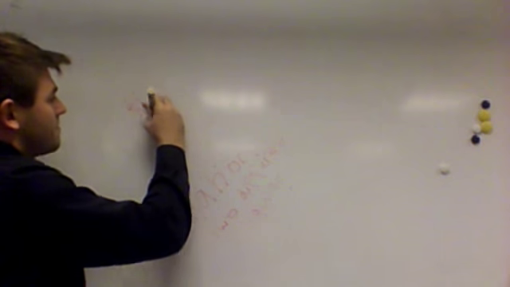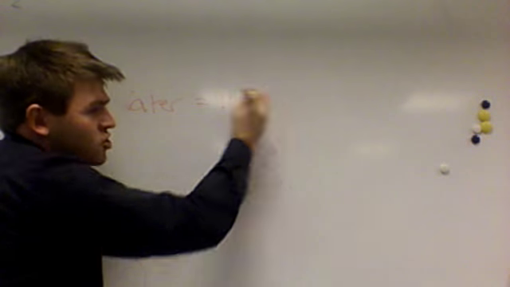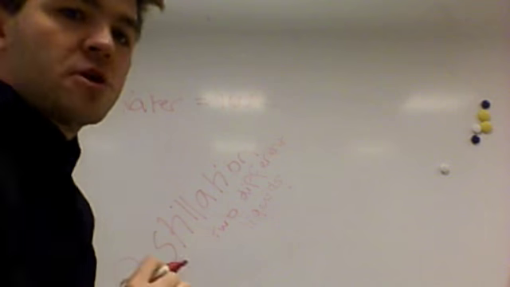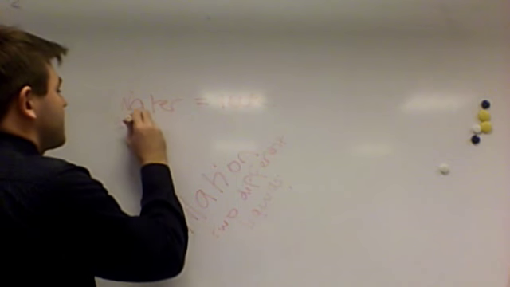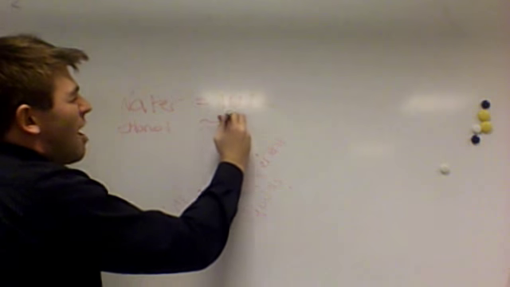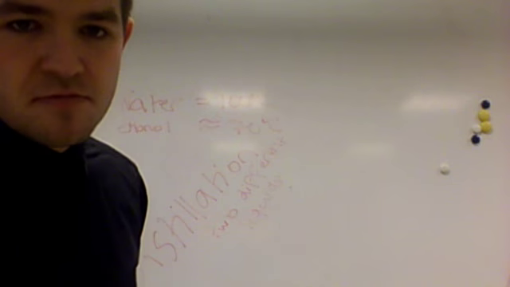For example, water will boil at 100 degrees Celsius. That's when water boils. But maybe it could be mixed with ethanol, an alcohol product. And ethanol will boil around 70 degrees Celsius.